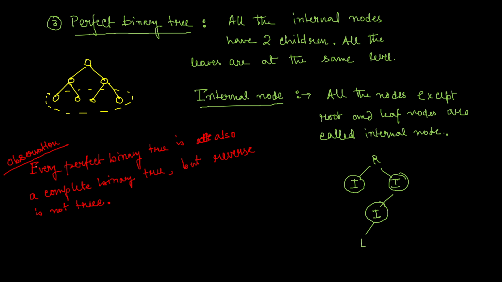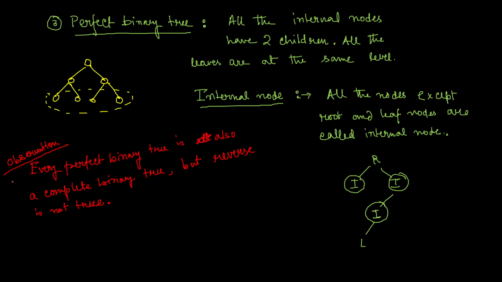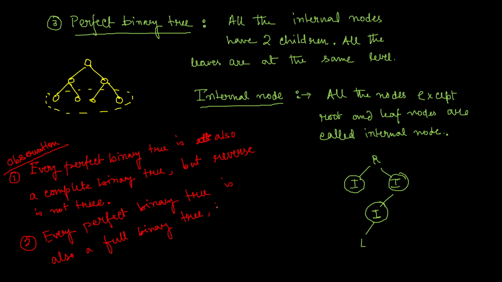And even you can say every perfect binary tree is also a full binary tree, because it contains either 0 or 2 children. But the reverse is not true.